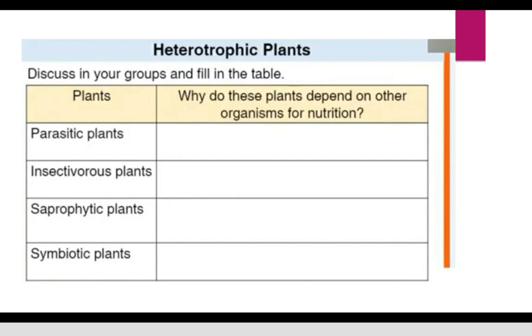Now let's complete a table and discuss it in our group. The plants are parasitic plants, insectivorous plants, saprotrophic plants and symbiotic plants. Why do these plants depend on other organisms for nutrition? Let's see.